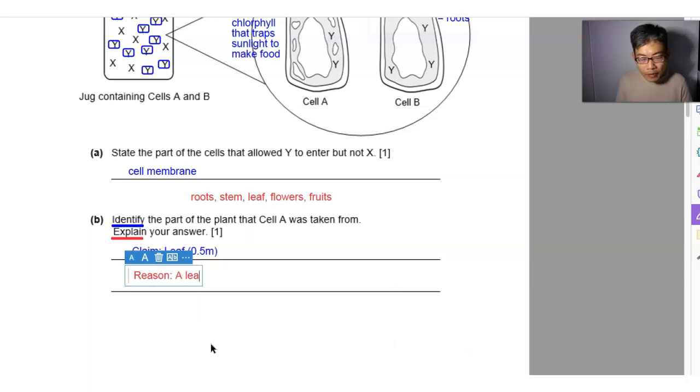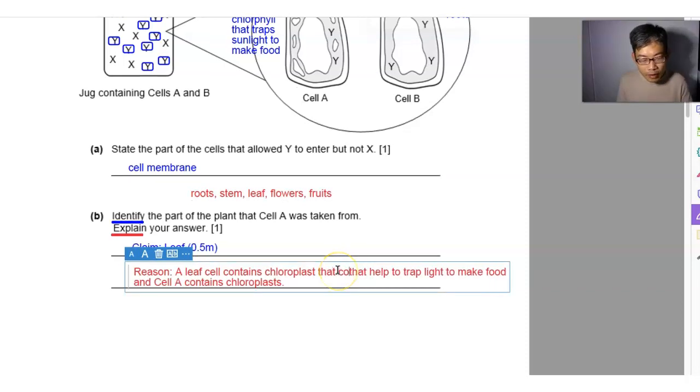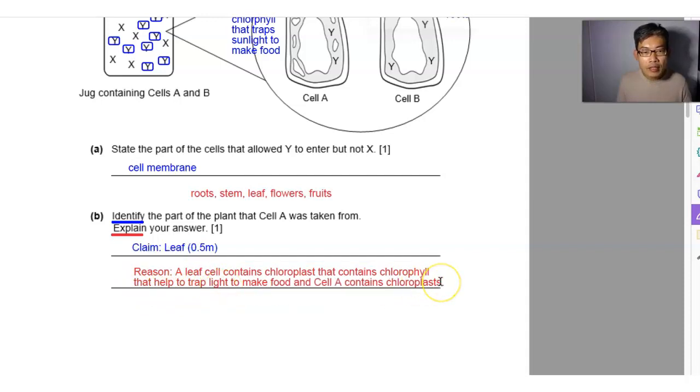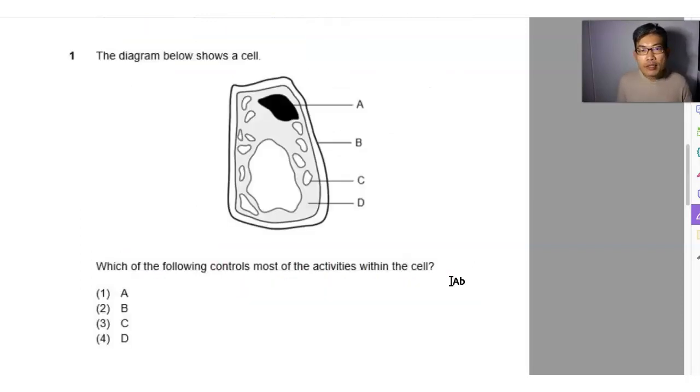A leaf cell contains chloroplast that contains chlorophyll that helps to trap light to make food, and cell A contains chloroplast. Then this will be half a mark. I hope you managed to get the full 2 marks here. Let's go on to the next question now.